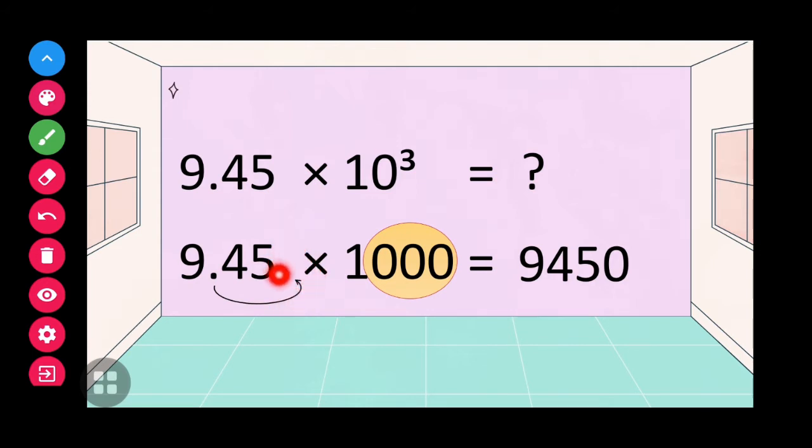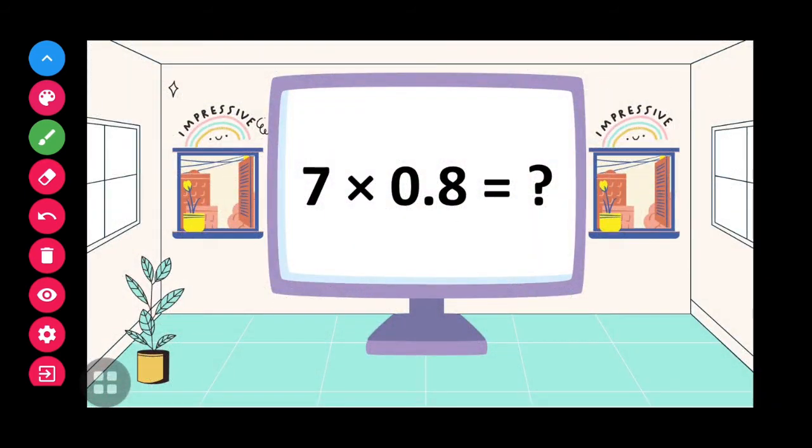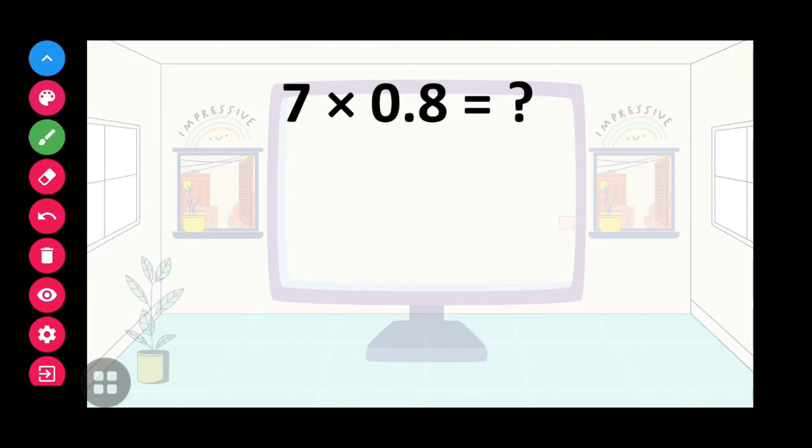Now we have a computer with a multiplication. This is a bit different from what we were learning so far. Now we have a whole number, and this number is multiplied by a decimal number. Let's see how we can do this. When you have a sum like this, you write the decimal number without considering the decimal.